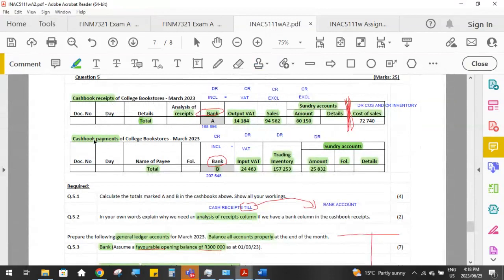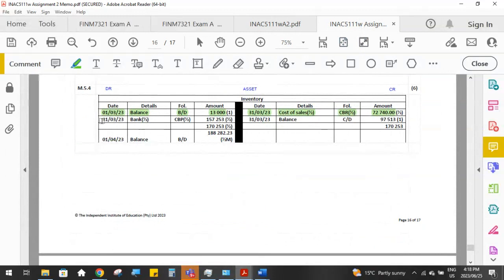Then I go to my cash book payments. Here I've got a trading inventory column. I purchased trading inventory of 157,253. So when I purchase inventory, that means my trading inventory general ledger account is going to increase by that amount. So 157,253, I must debit inventory with that amount to indicate that inventory is increasing.